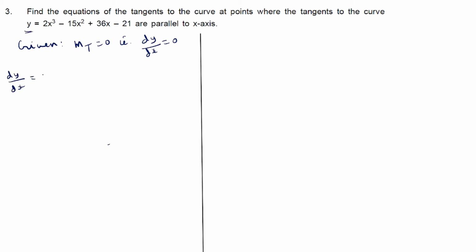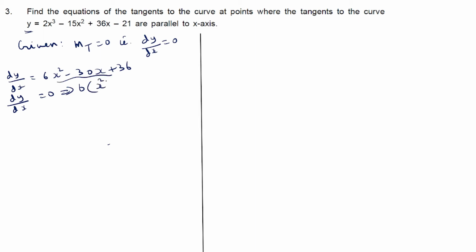Now dy by dx is equal to 6x square minus 30x plus 36. Now dy by dx equal to 0 implies this expression equal to 0.